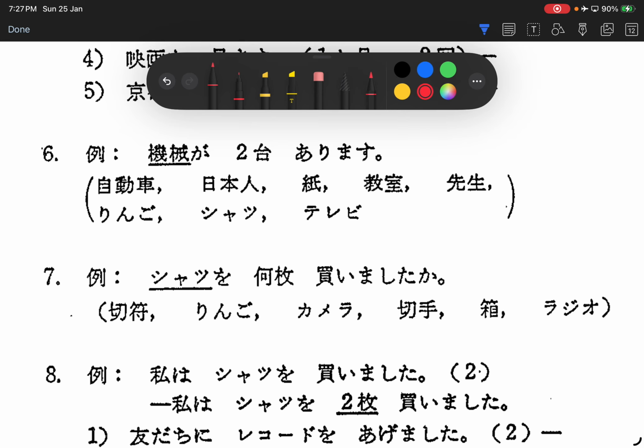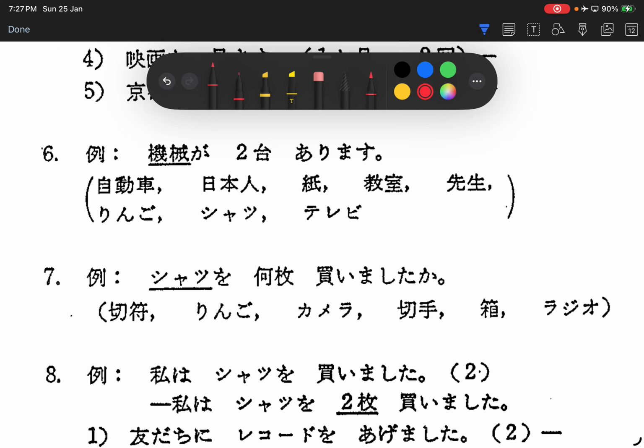Yes, Warren. How do you count 自動車? 2枚。Not 2枚。2人。No. Machine, yeah, it's a machine. 2人 is human. Sorry, 2台。Thank you.